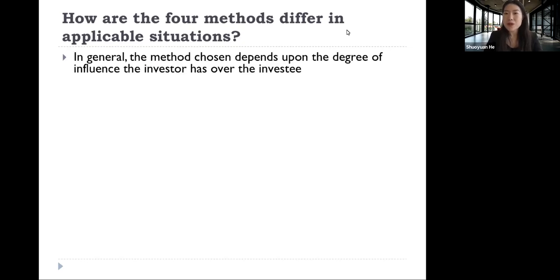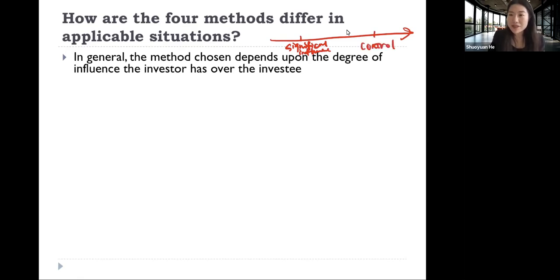In general, which method we choose depends on the degree of influence the investor has over the investee. An investor can have significant influence over an investee, or it can have control over the investee.